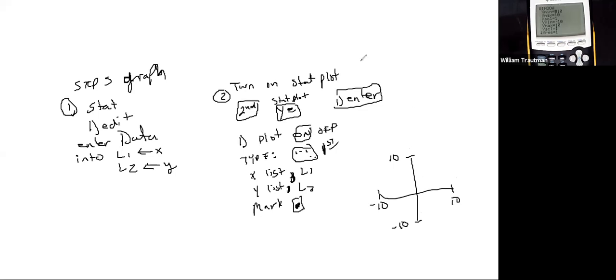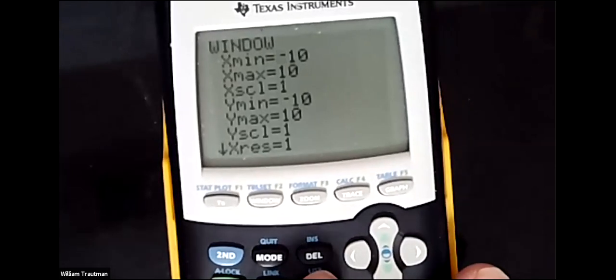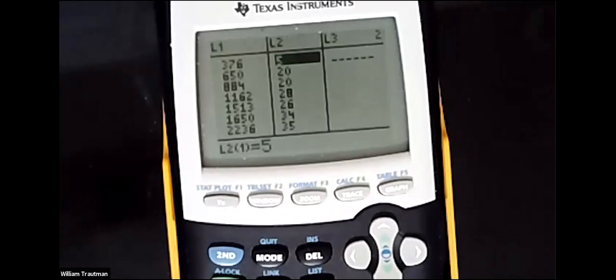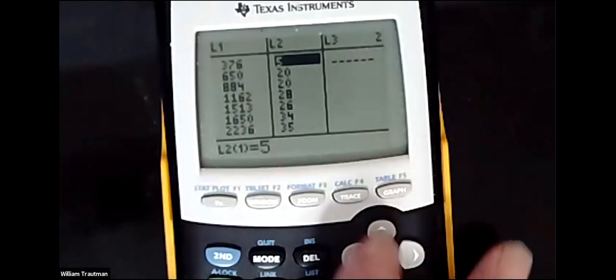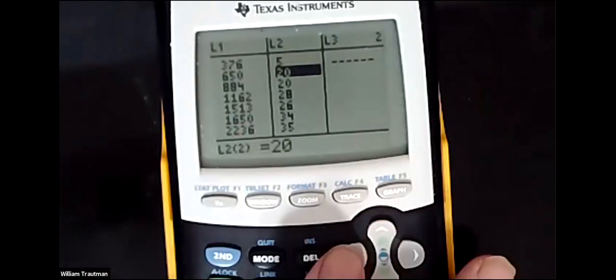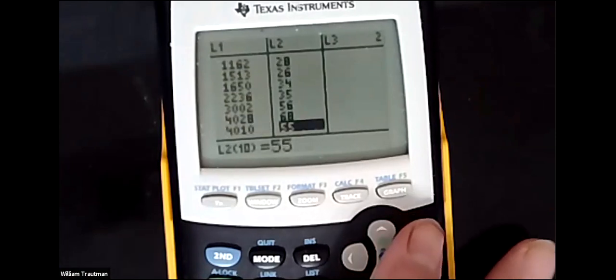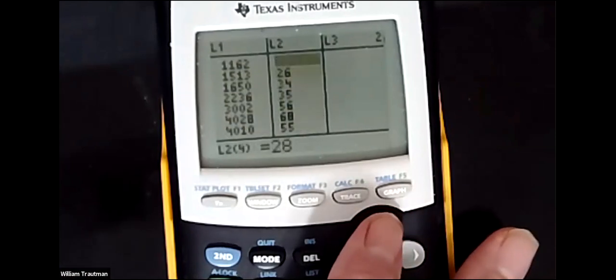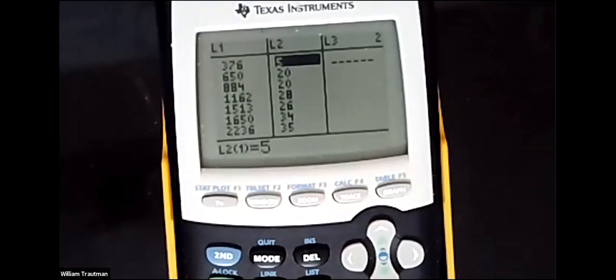Our data is way more than that. Our data was 4,000. Our data is up to 4,000 on the x-axis, and on the y-axis, the highest data was 68. So of course it's not going to fit in 10, 10, 10, 10.